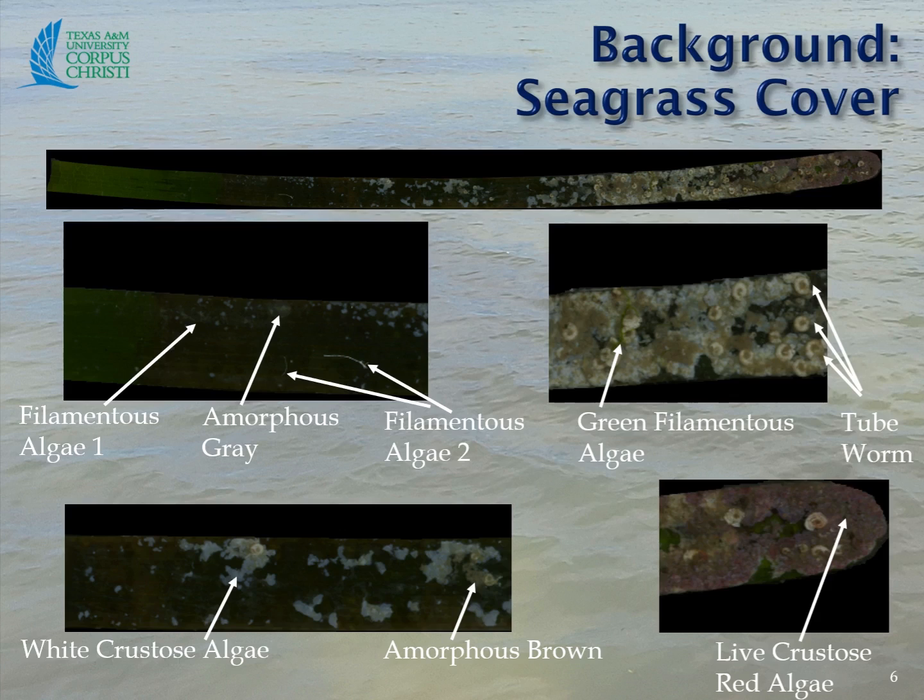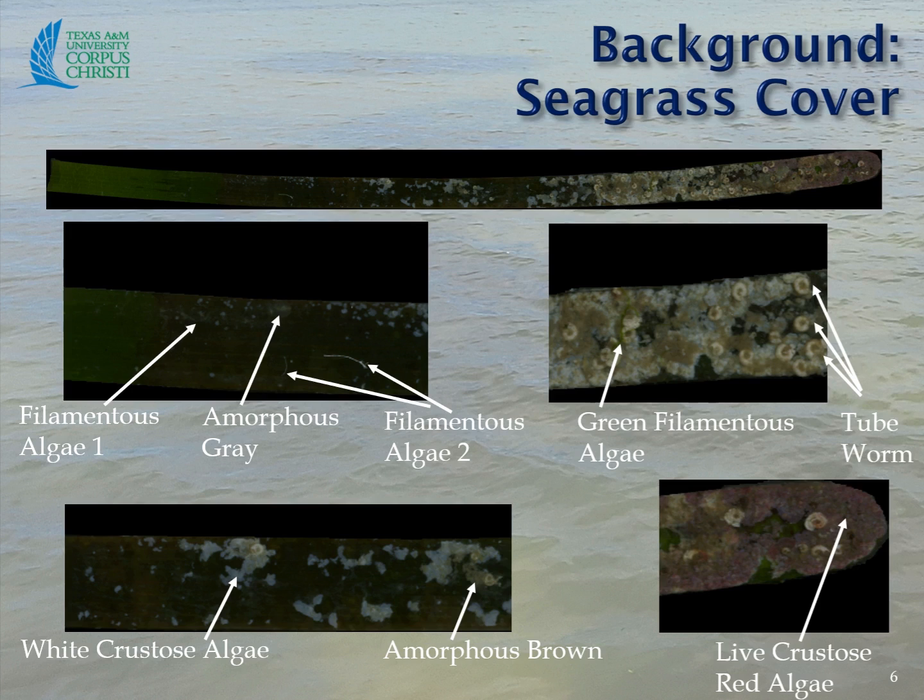The surface of seagrass could be covered by many different types of epiphytes, with different image attributes including color, shape, size, and texture. Some of these include filamentous algae, amorphous gray and brown algae, white and red crustose algae, other green algae, and tube worms. In this work, we group all algal and other epiphyte types into one group called general epiphytes, with the exception of filamentous algae.